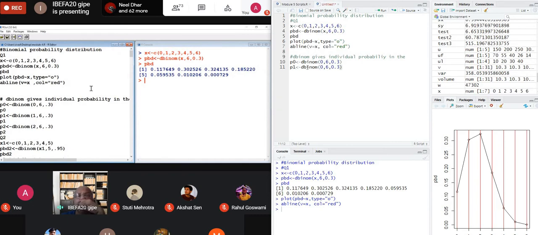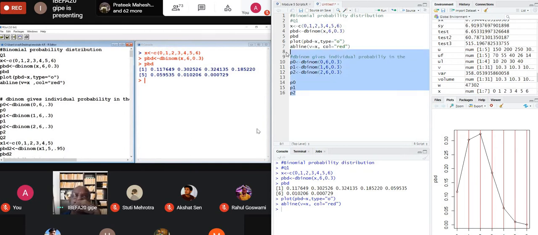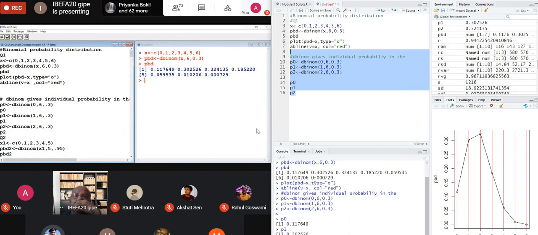Seven probabilities are in the console, for 0, 1, 2, 3, 4, 5 and 6. For which value is the probability high? The 2, sir. Wrong. 4, sir.